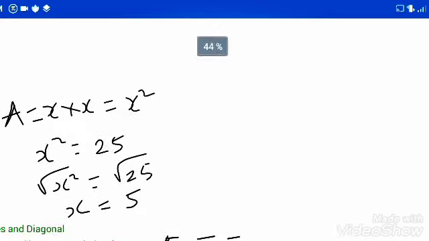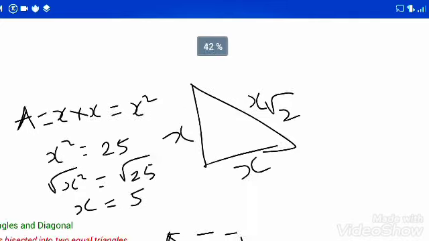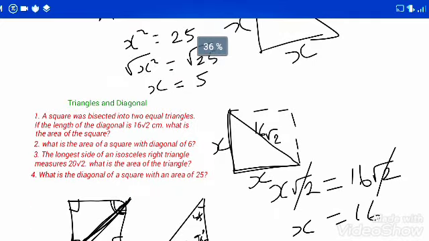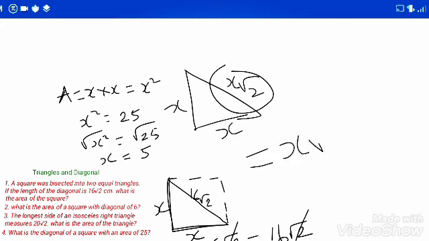This is our x, this is our x, this is x root 2. We are looking for the diagonal. The diagonal is the same as x root 2. Anywhere we see x, we put 5, so we're going to have 5 root 2.